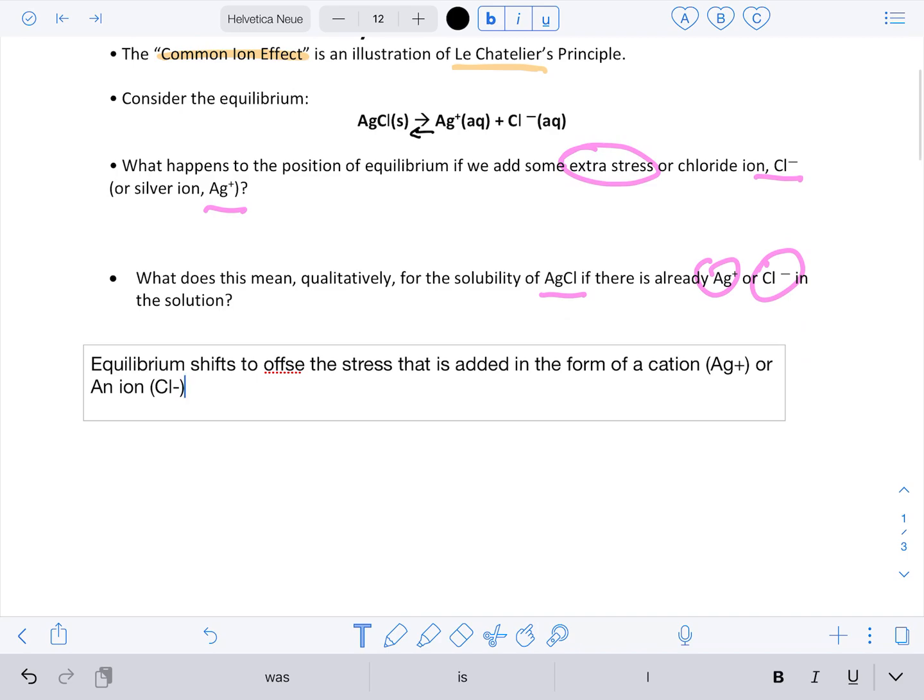Now, if you remember from Le Chatelier, if we're adding something to the product side, which is the dissolved ions, that is going to shift things to the left. So as a result, equilibrium will shift to the left.